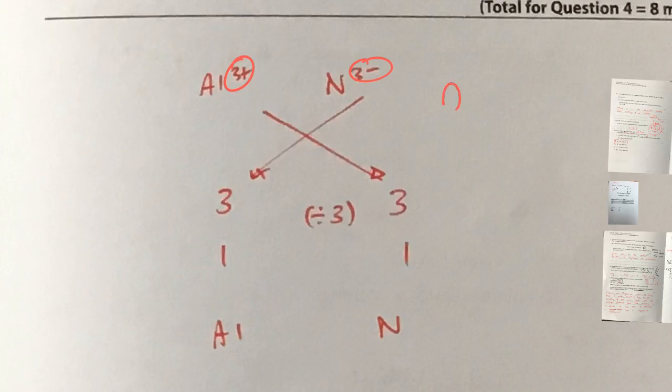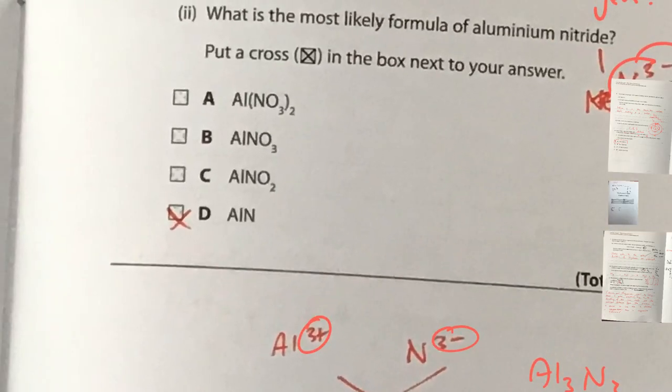I could really have Al3N3, couldn't I? But that's not the simplest way we can represent this ionic compound, because we haven't got the ratio down to the minimum. So 3 goes into 3 either side. So we'll divide both sides by 3. Gives us 1. So we have AlN.